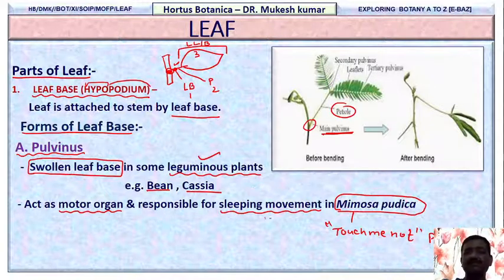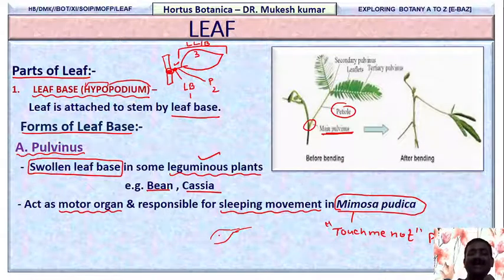And what is the meaning of sleeping movement? Actually, whenever you find this, it is the swollen surface of the leaf base, and leaves are there. When you give the shock movement, they will constrict. And after some time, they will again expand. So expansion and constriction will be there like a motor organ.